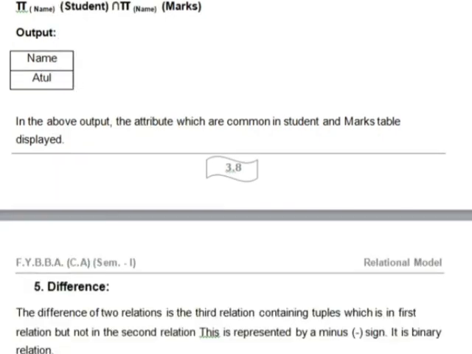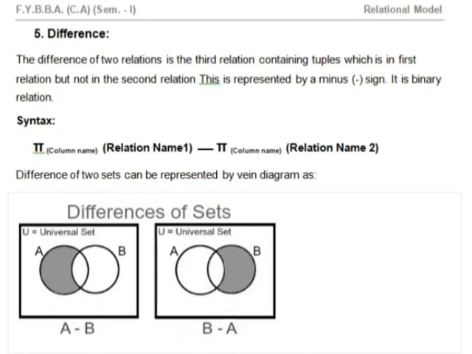Now the next operation is the difference operation. The difference of two relations is a third relation containing the tuples which are in the first relation but not in the second relation. It is represented by a minus sign, and it is a binary operation.